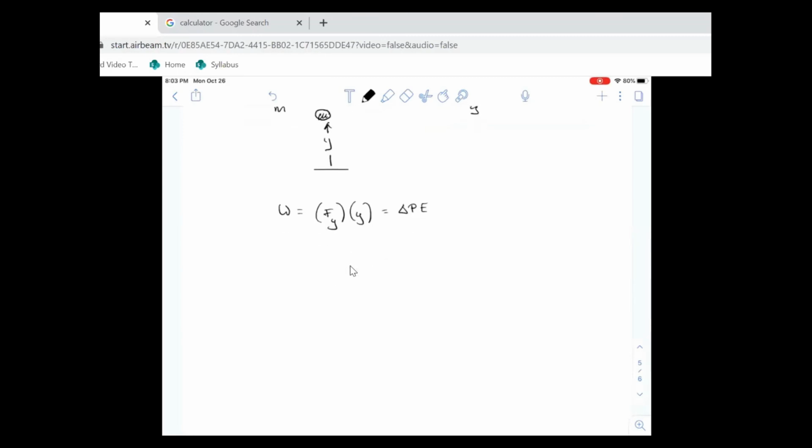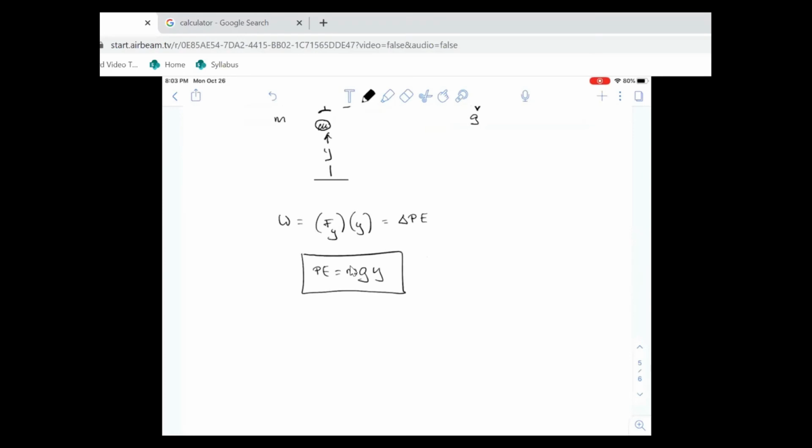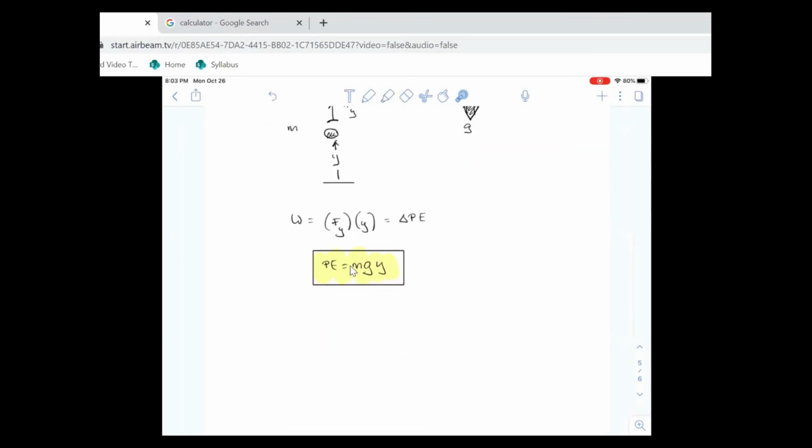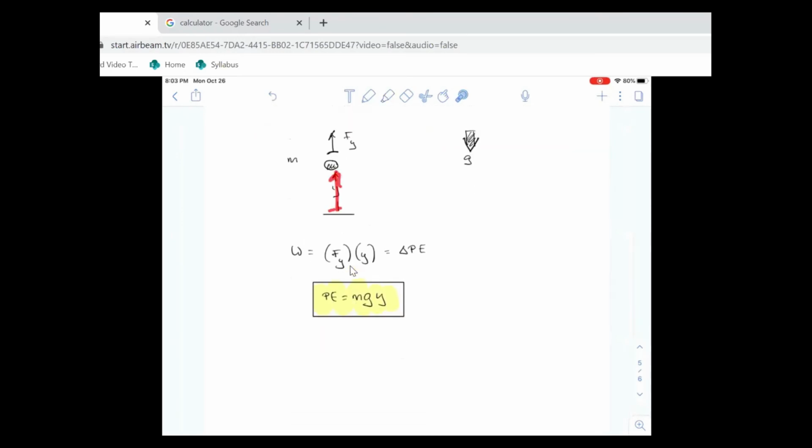This is otherwise known as potential energy: mg times the height. The amount of energy that you store depends on the displacement, the height, and it also depends on the mass. That's the amount of energy that the object has by virtue of its position with respect to the ground in this case.